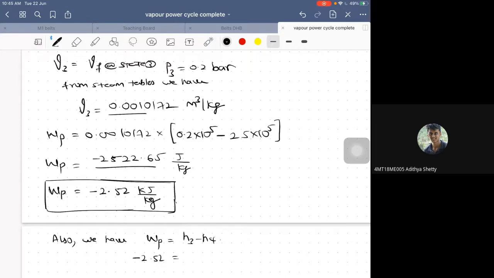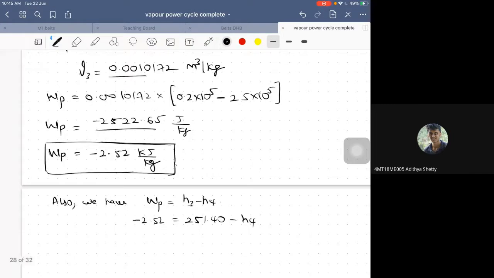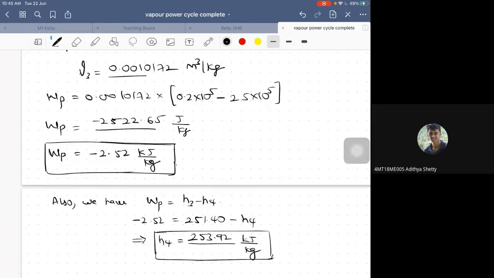H3 is 251.40, minus the value of H4. So from this, can I get the value of H4 in kilojoules per kg? It is 253.92.